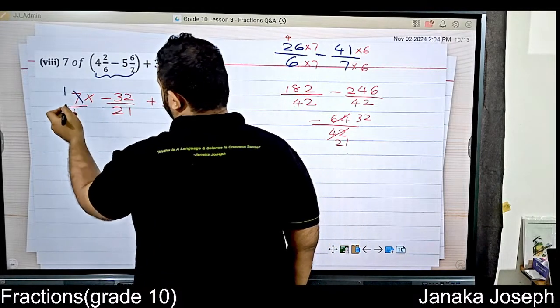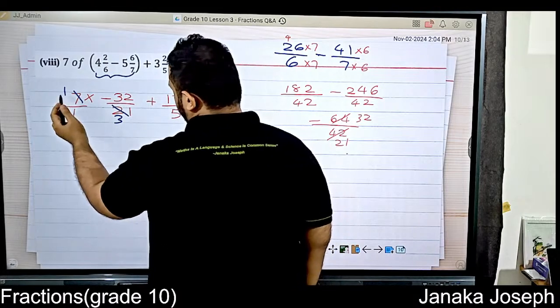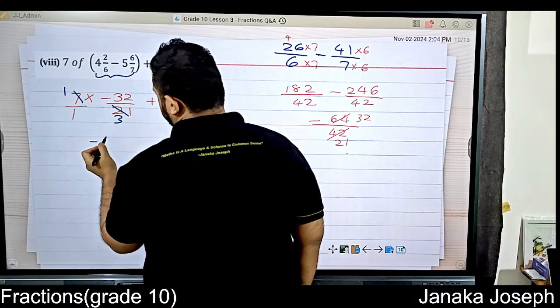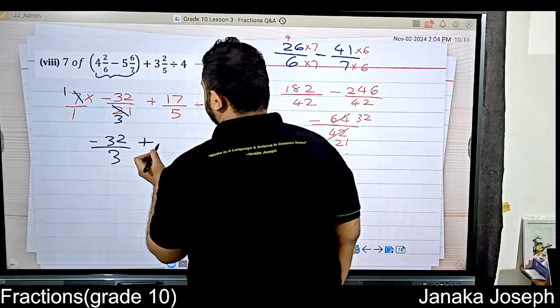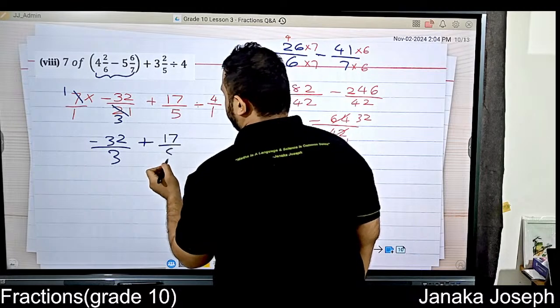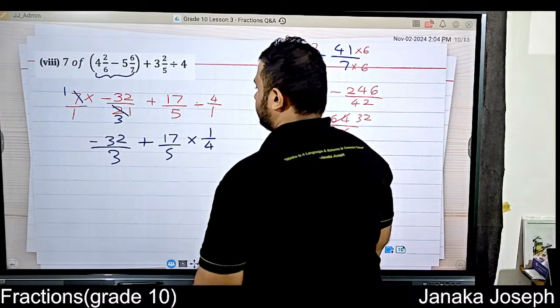So 7 times 1, 7 times 3. That's it. Positive times negative is a negative. 32 over 3 plus 17 over 5. Division will become multiplication when the right hand side fraction goes upside down.